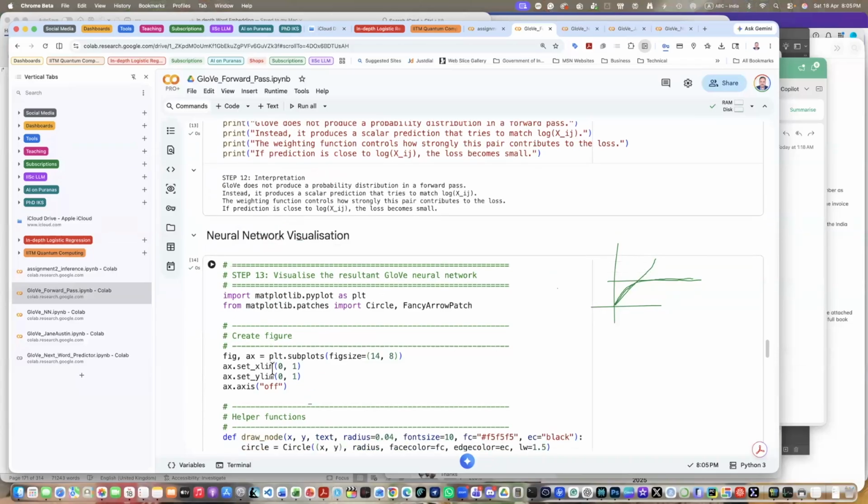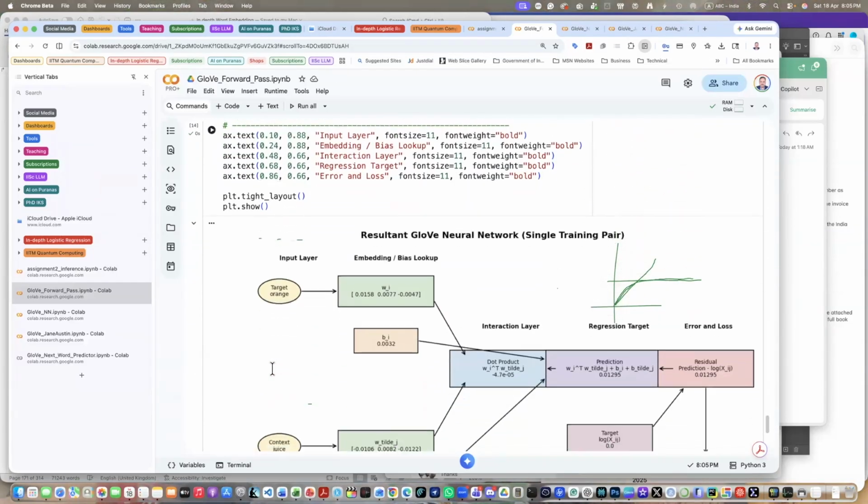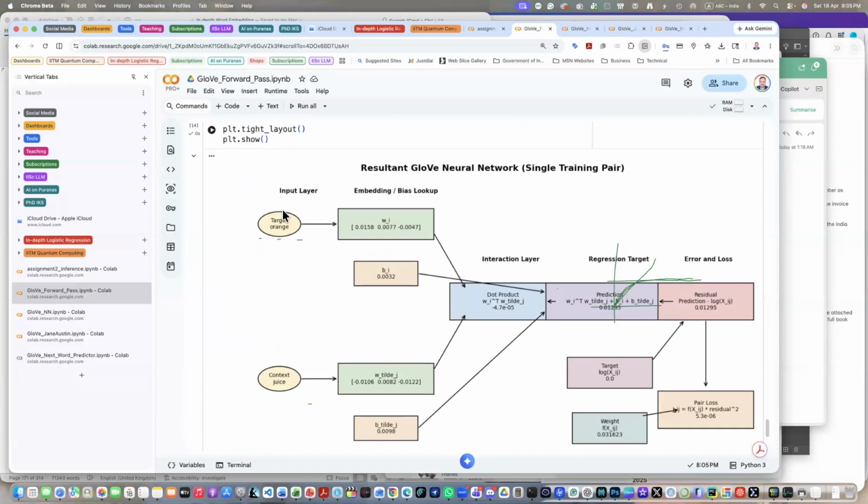If I try to visualize my neural network, it looks like this. You started with two words: a target word, orange in our case, and a context word, juice. You randomly picked a wi and a bias term for the first, and a wj and a bias term for the second.